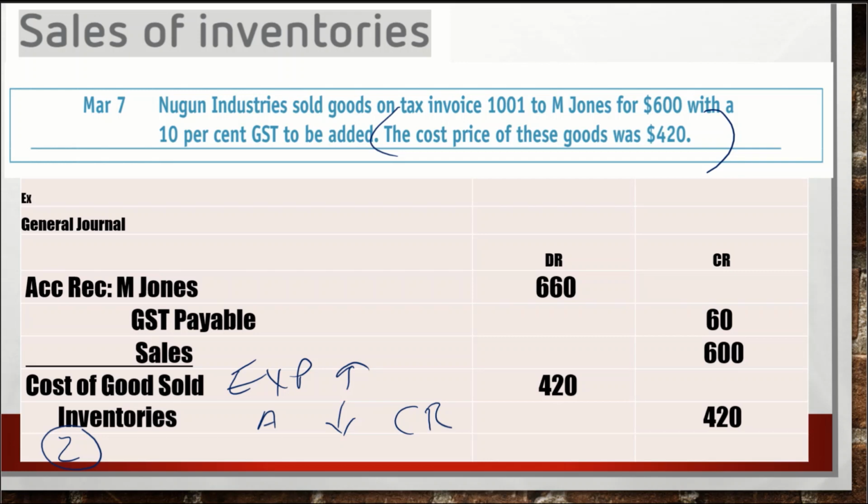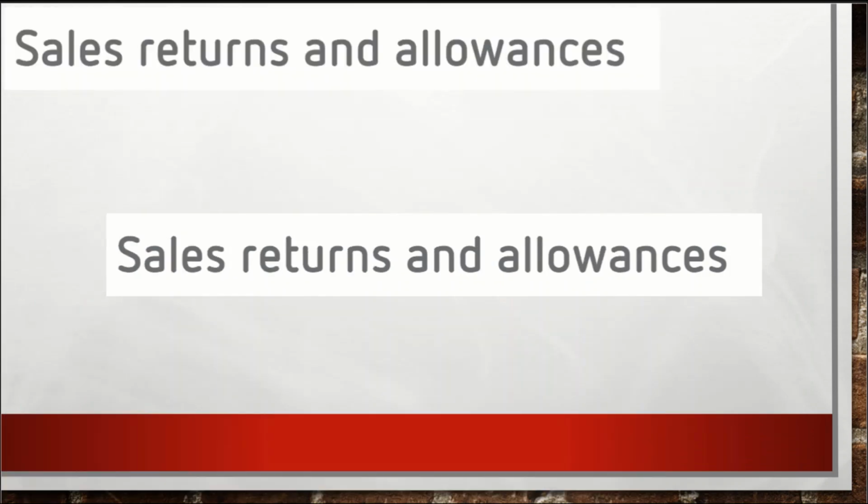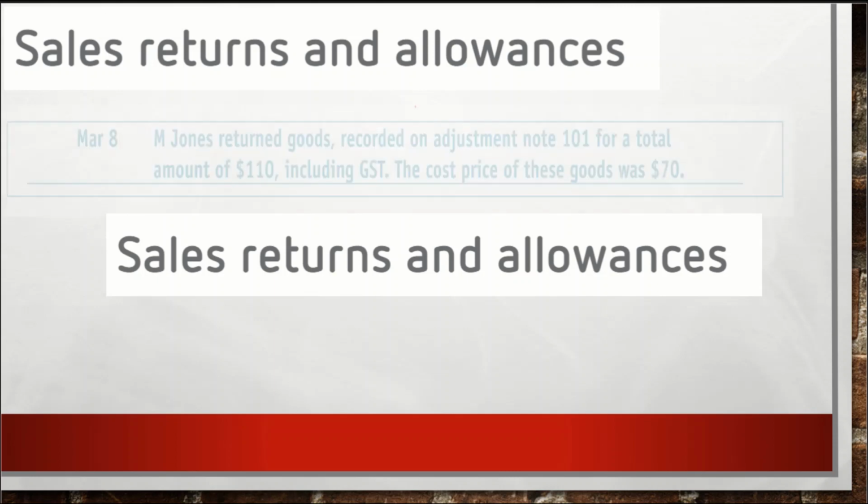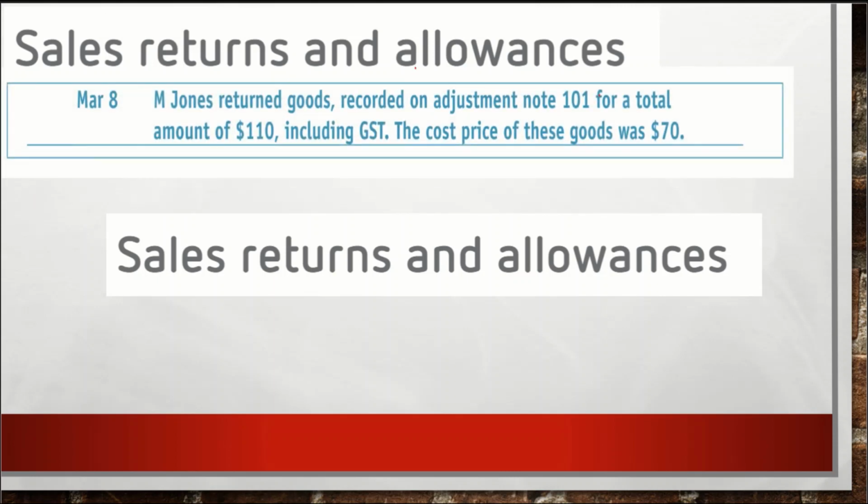Right, if we go to the next slide and look at sales returns or allowances. Very quickly, sales returns is normally when the customer brings the product back and we're going to put that product back on the shelf. Allowance, there might be something wrong with the product. It's not according to sample, and we could allow a discount on that. If we look at this, we've just sold stuff to M. Jones. We send them an adjustment note because he let us know something isn't right, and he returns the goods for $110, including GST.